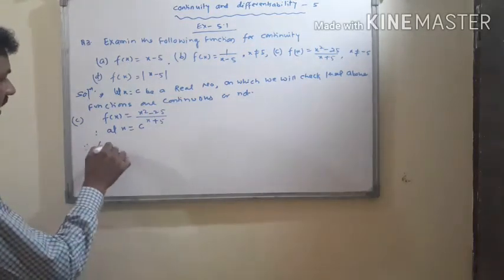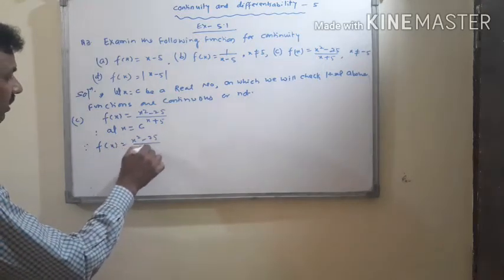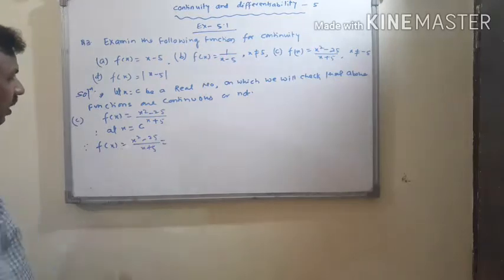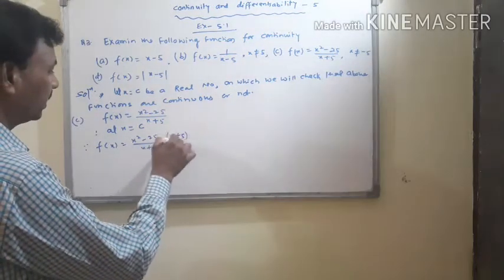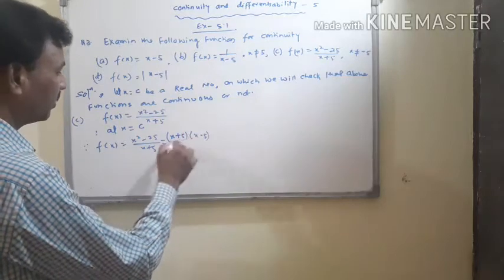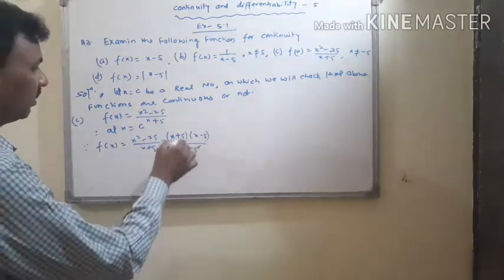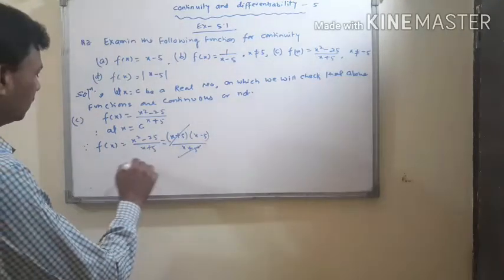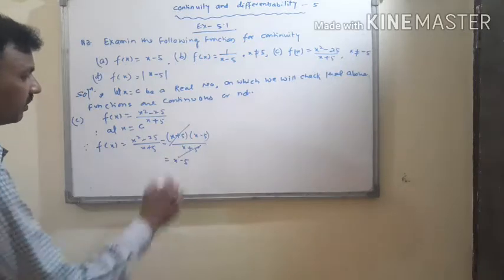If we solve this function, it will be x plus 5 into x minus 5 whole upon x plus 5. This will be cancelled, so f of x equals x minus 5.